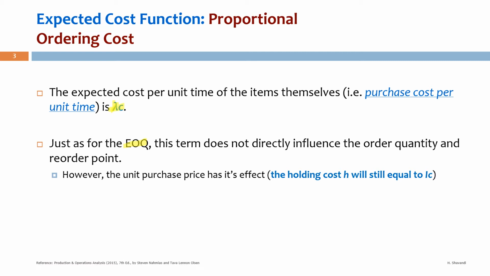But this doesn't mean that we are going to eliminate c, the unit purchase price, because in h we do have c, because h equals i times c. So the unit purchase price has impact on our optimization, but not the total expected purchase cost.